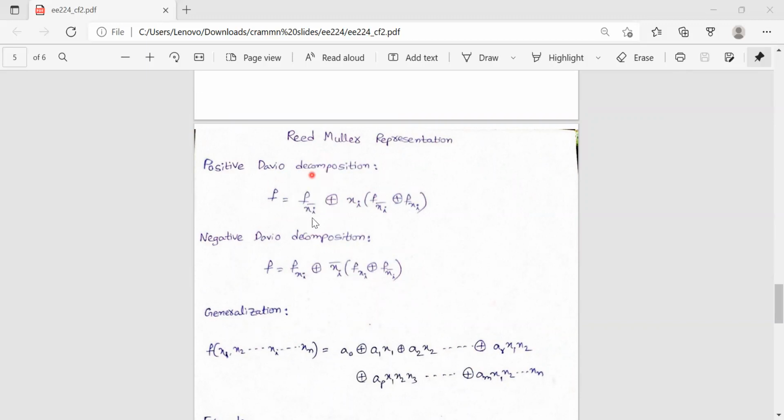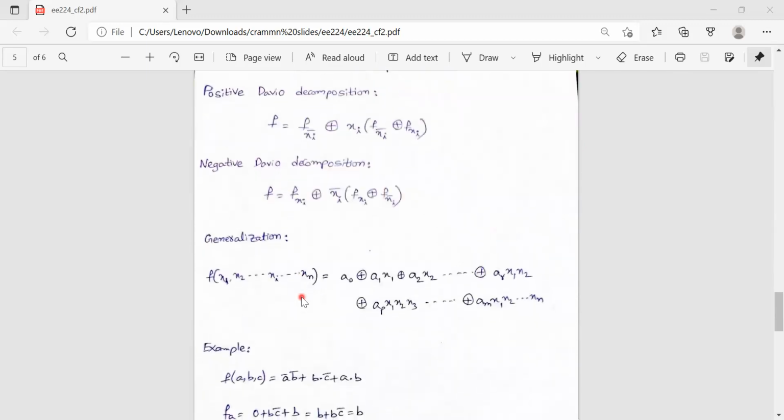In the positive decomposition, f at xi bar is obtained if we substitute xi equal to 0 in the function f. This is the function, XOR xi, and this is fi xi bar XOR fi xi. And for the negative representation, we similarly do the same.